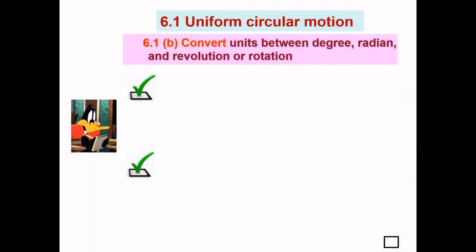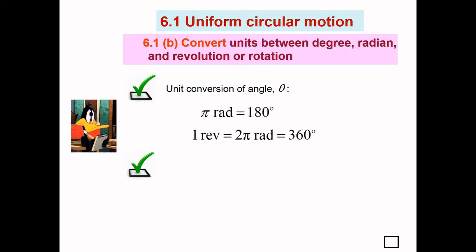Uniform circular motion. Convert units between degree, radian, and revolution or rotation. Take note, guys. Unit conversion of angle theta: pi radian equals 180 degree. 1 revolution equals 2 pi radian and equals 360 degree.